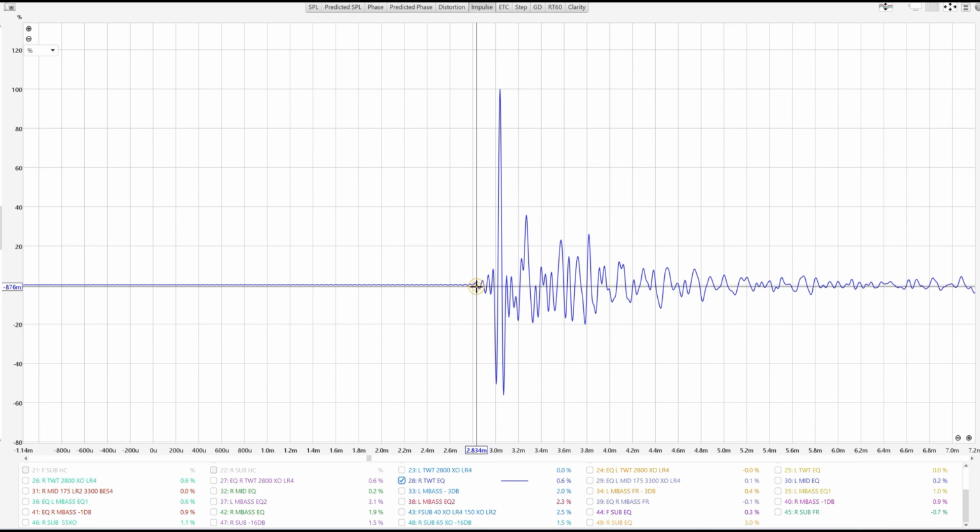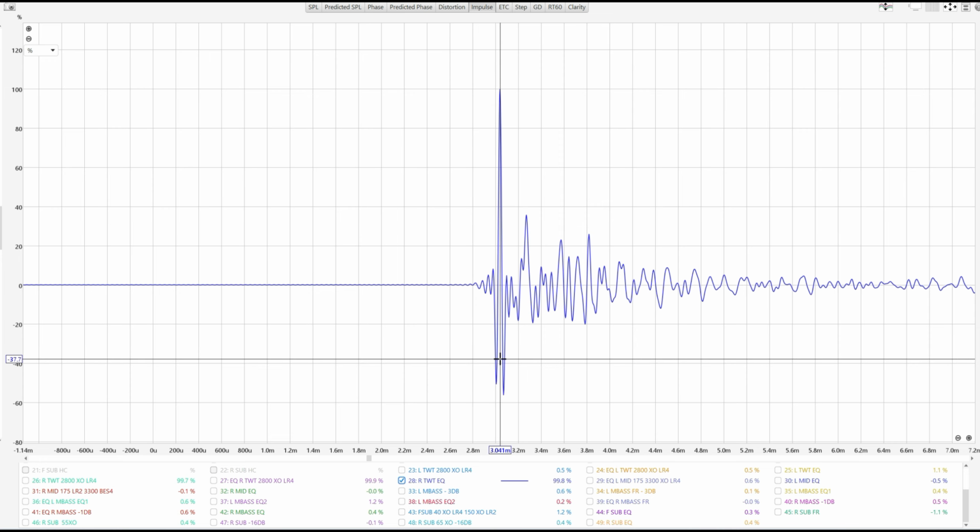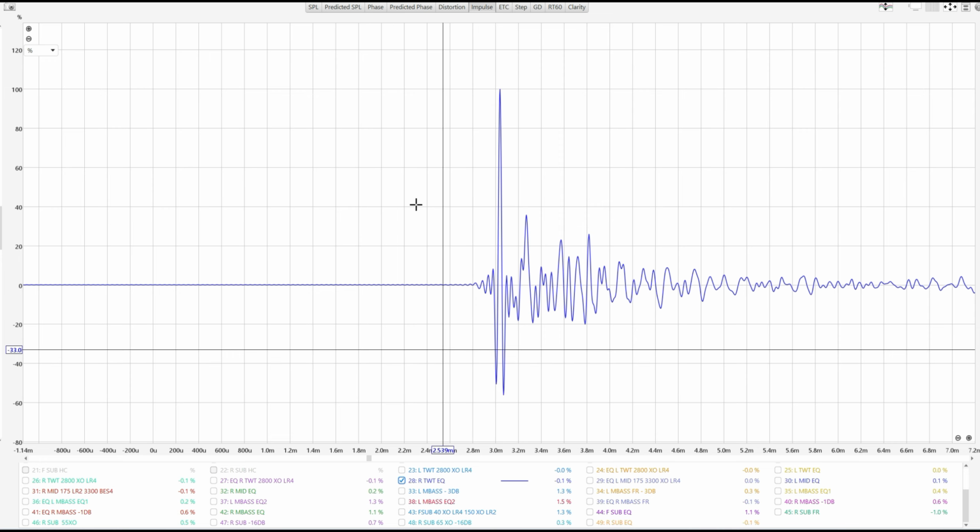The wave begins at around 2.8 milliseconds and the peak begins at about 3 milliseconds, so it's about 0.2 of a millisecond between the beginning and the peak, and so it's very distinct.